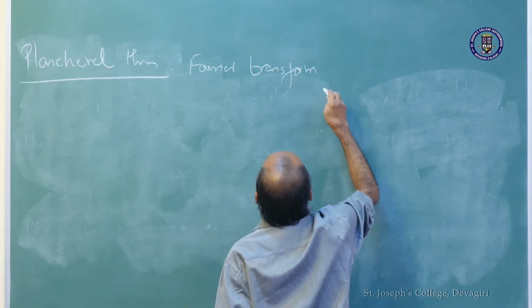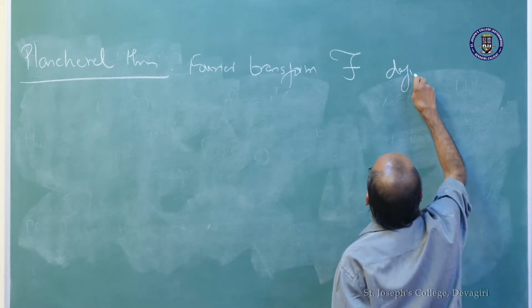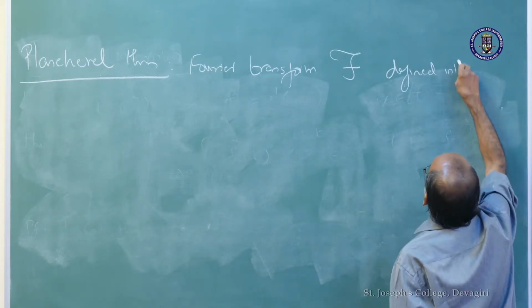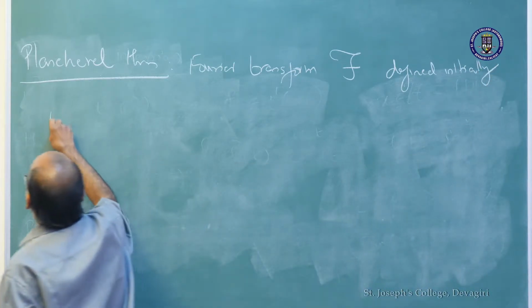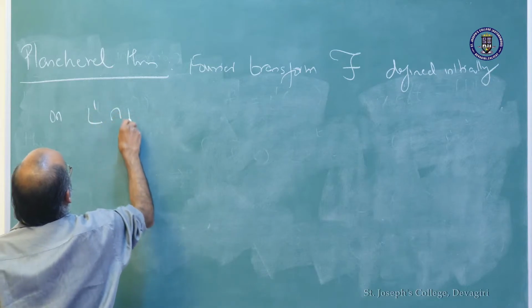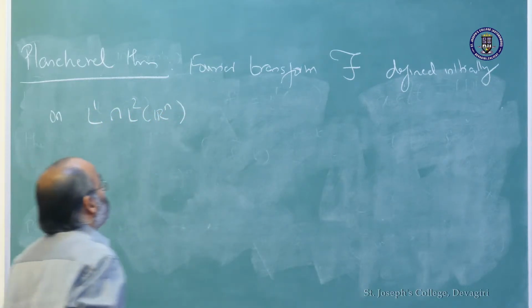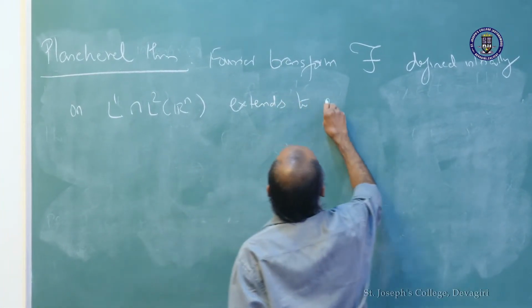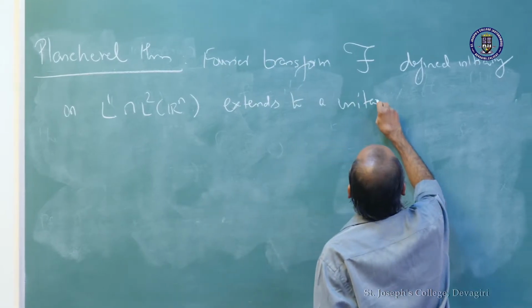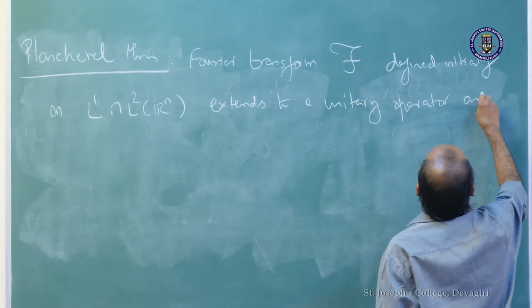Let us call this, give it a name, script f, defined initially on L1 intersection L2 of Rn, extends to a unitary operator on L2.